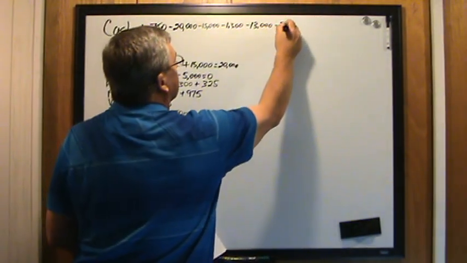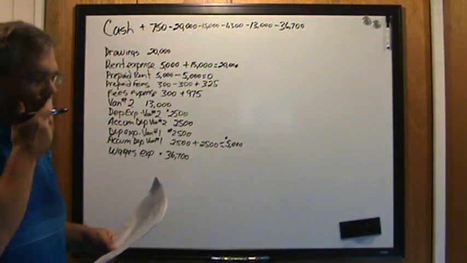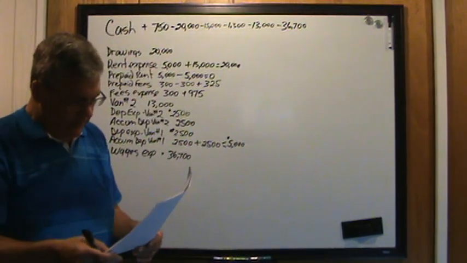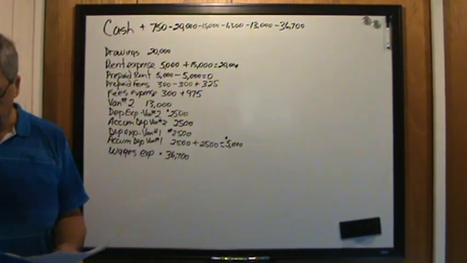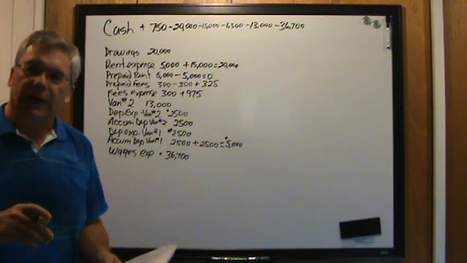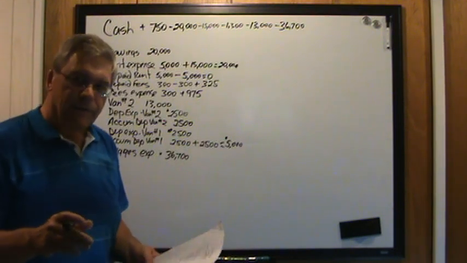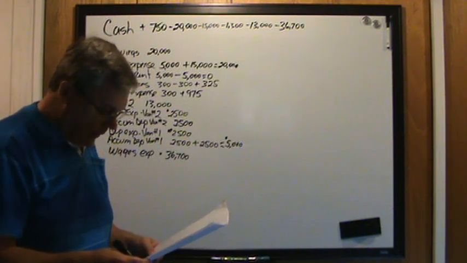We paid $36,700. And we do have to check the fact that wages might also be reflected on the balance sheet. So let's take a look at that possibility and make those adjustments.